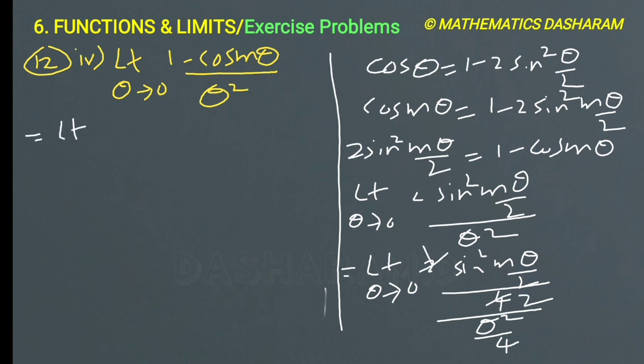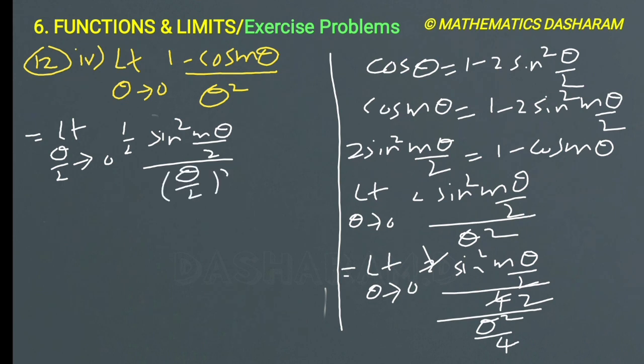Then limit theta tends to 0 will become theta by 2 tends to 0. So sin square m, here 1 by 2 will be there. First of all, 1 by 2 into sin square m theta by 2 divided by theta by 2 whole square.